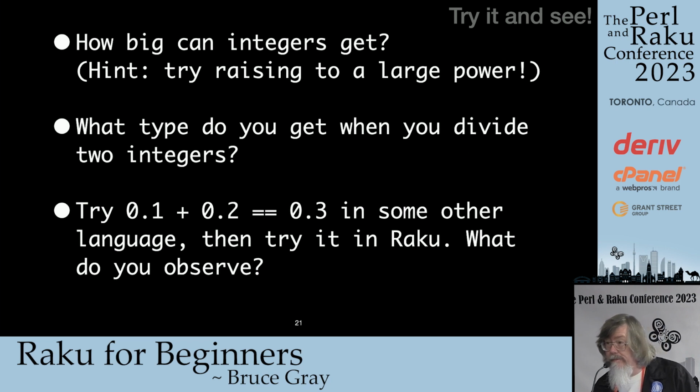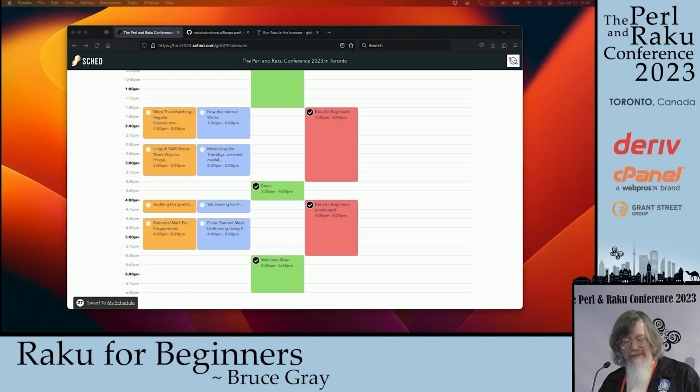Pardon? I'm a little hard of hearing. Numeric overflow is not an integer. Tell me what you just did. All right.